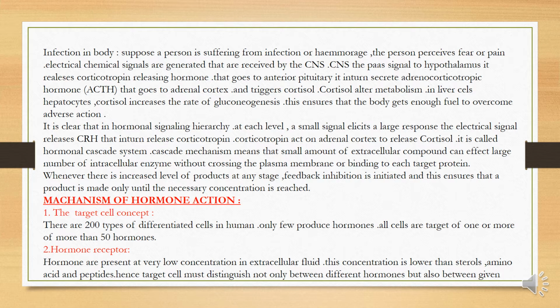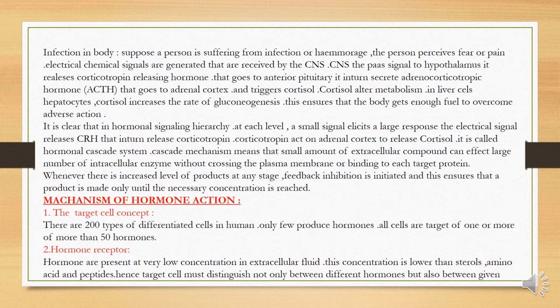It in turn secretes adrenocorticotropic hormone that goes to the adrenal cortex and triggers cortisol. Cortisol alters metabolism in liver cells, the hepatocytes. Cortisol increases the rate of gluconeogenesis. This ensures that the body gets enough fuel to overcome the adverse action.